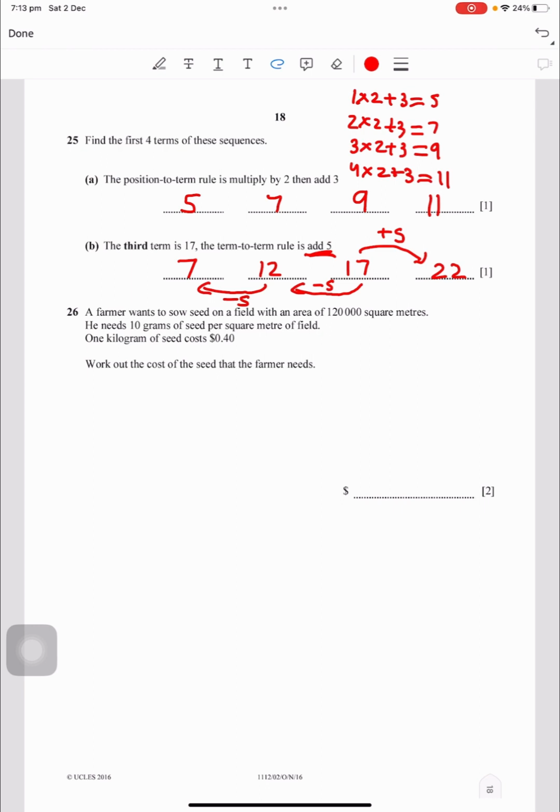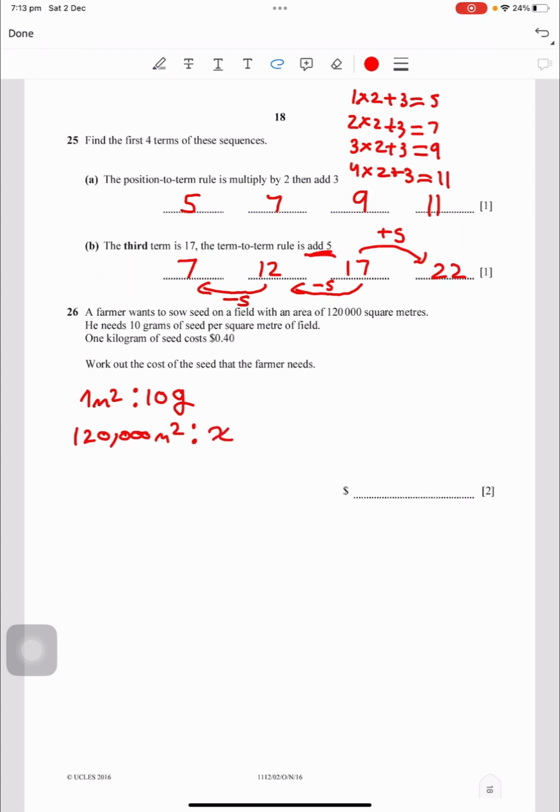Okay, so to find this, 1 meter square is ratio, like we can say ratio 10 gram. So now we can write the number right here, 120,000 meter square ratio.